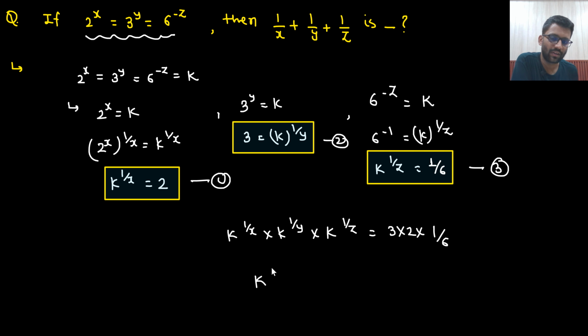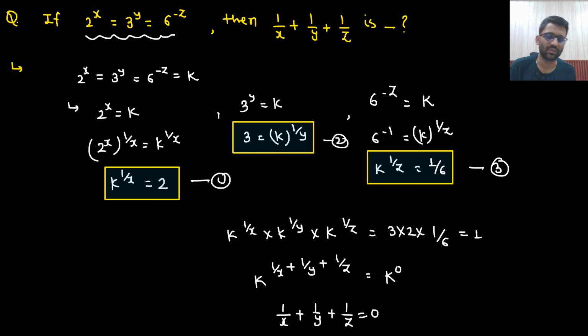So k to the power 1 by x plus 1 by y plus 1 by z is equals to 1, and 1 can be written as k to the power 0, right? So the value of 1 by x plus 1 by y plus 1 by z is equal to 0.